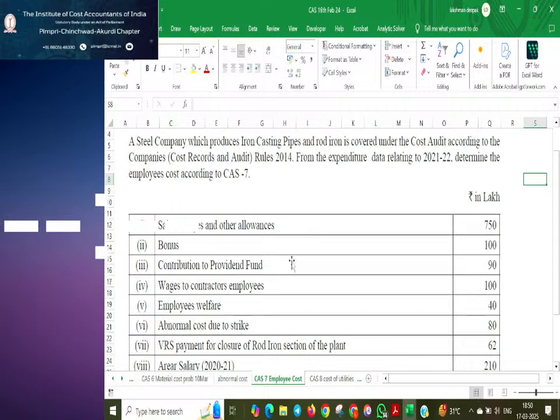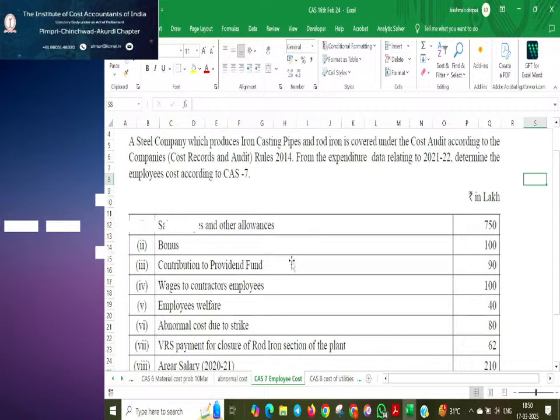Apart from the permanent employees, during the season, if you need some more people to pitch in, or on a contract basis, if the company takes people for work, that is allowed. But it does not include employees of any contractor who is engaged in the organization. Got it?